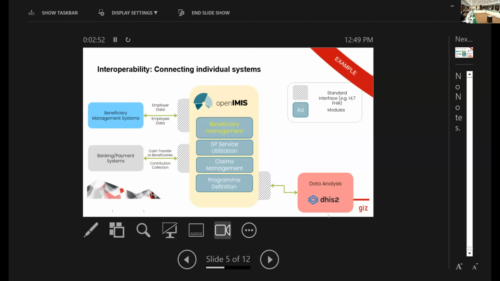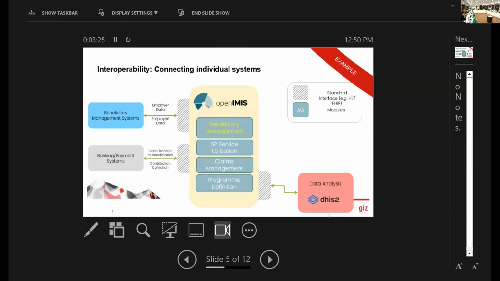that's managing everything. But for beneficiary management, we might need to communicate with another beneficiary management system. If it's a formal sector scheme, even getting employer data and employee data, because the SPMIS, like OpenIMIS, might not have all the data in there. So we need to connect to another system or a social registry or a dynamic social registry to make sure that you have the latest beneficiary data for beneficiary management.